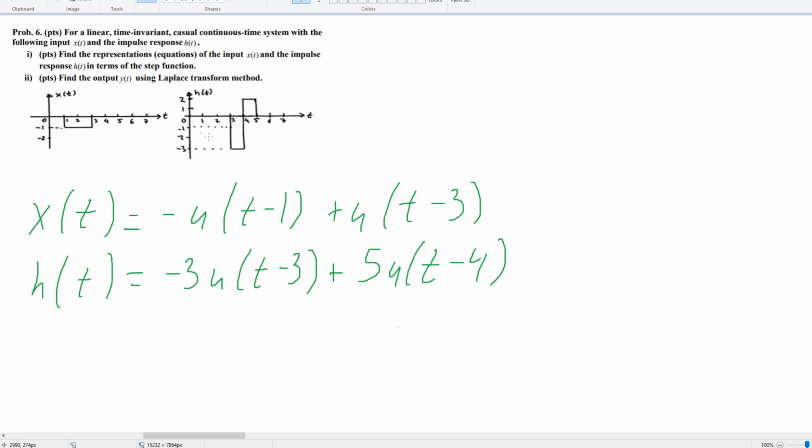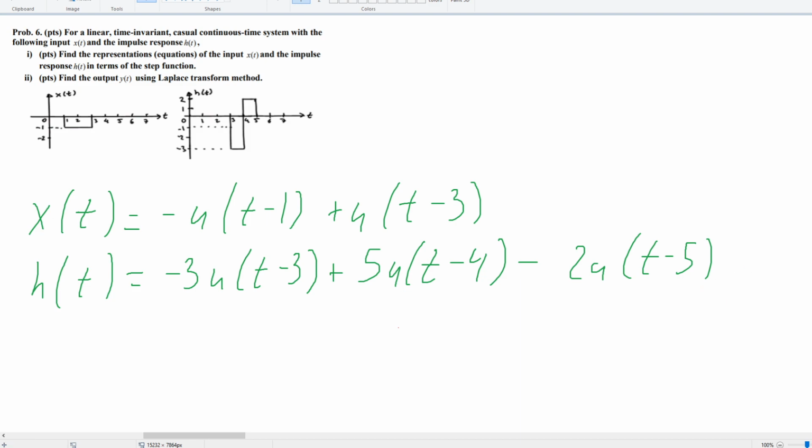Because this goes up to 0 and then up by 2, so you could just say that that's 5. Up 3, up 2. And then it goes back down to 0, with 2 u of t minus 5.